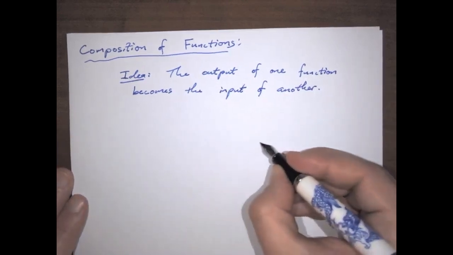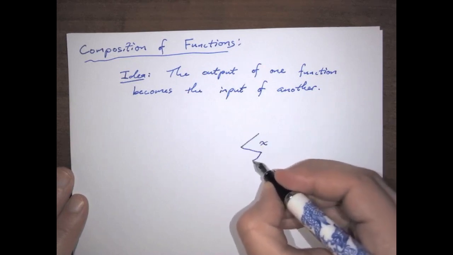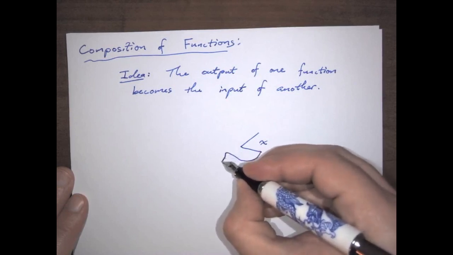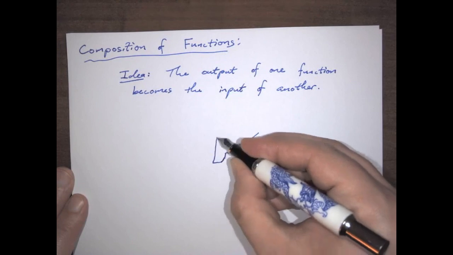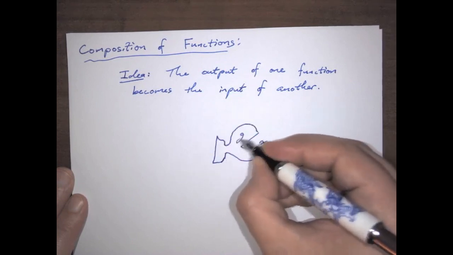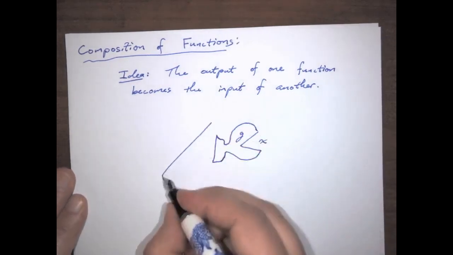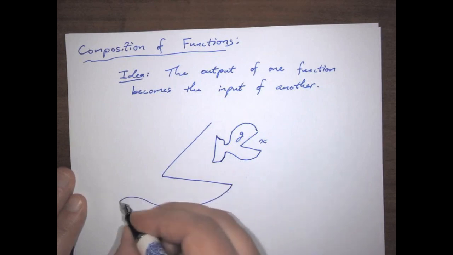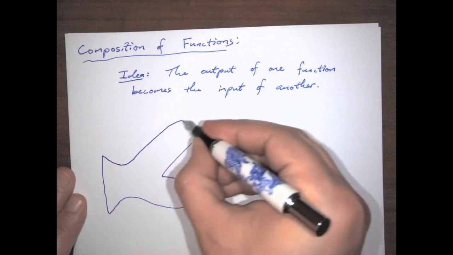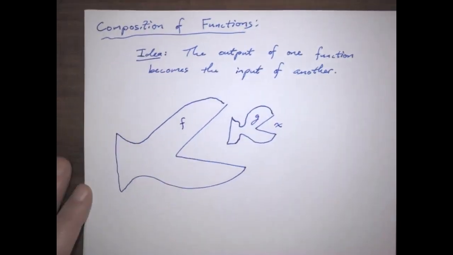So for example, if we have an x here, and we have a function, let's say it is called g of x, then here we can have another function which takes that and in turn eats it.